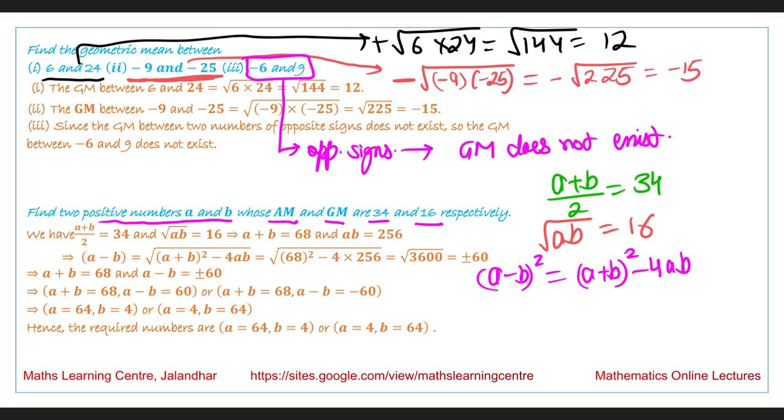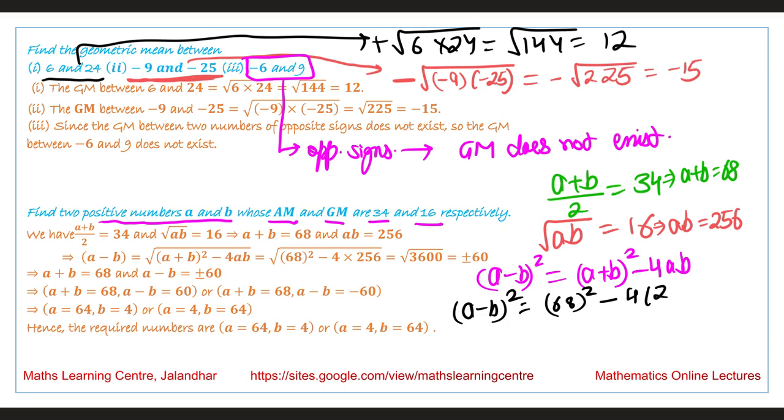From the second equation we have the value of ab is equal to 256. From the first equation we have a plus b is equal to 68. Now if we substitute these values, we obtain (a minus b) square is equal to 68 square minus 4 into 256.